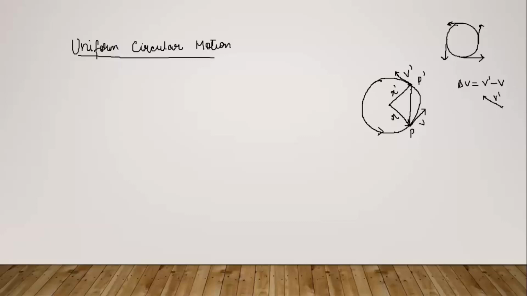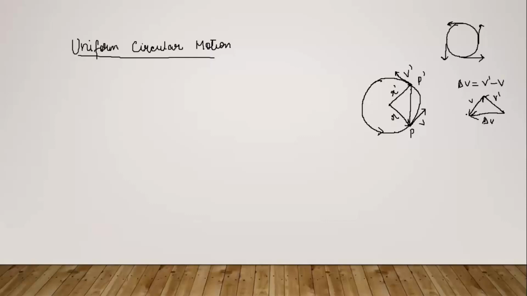Because v is here, minus v would be here. Sorry, we are not drawing the parallelogram law; we are using the triangle law. So we will write it this way. Let me erase this first. And when we join these two, we get this delta v.